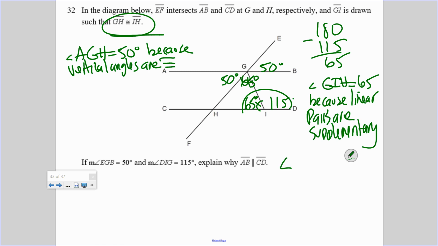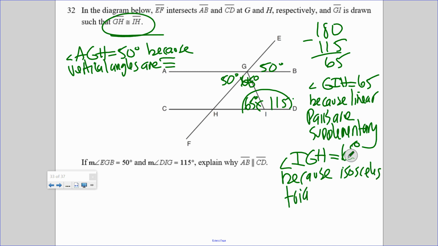So angle IGH equals 65 because an isosceles triangle has two congruent angles.